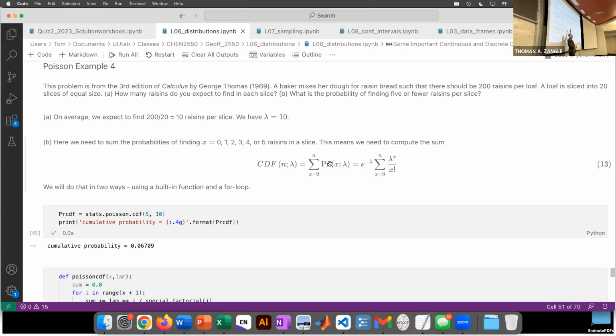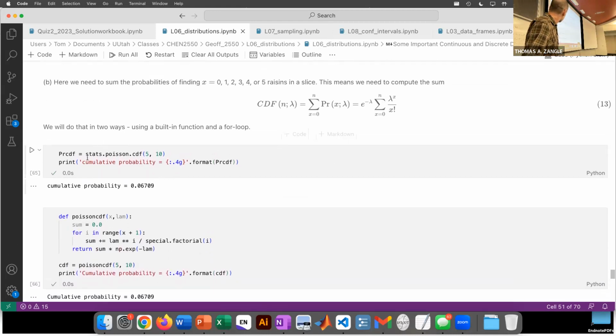Addition or summation over a range is the discrete analog to integration over that range. So what we're actually computing here is the CDF of a Poisson distributed process. But we can find it by taking the sum over all of those different events, again, 0 to 5 raisins per loaf.